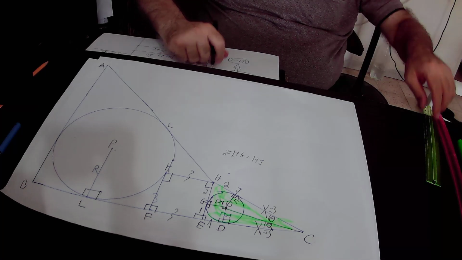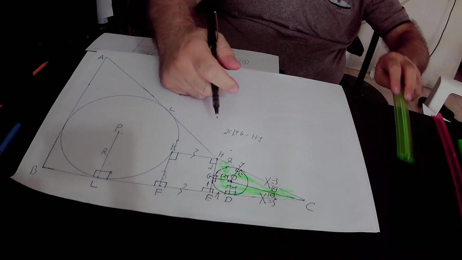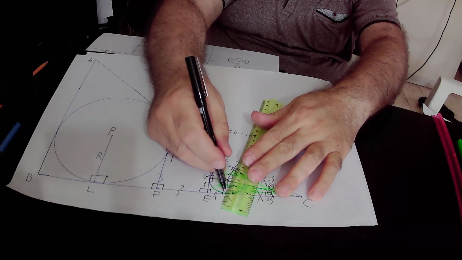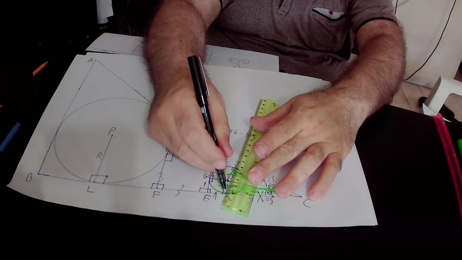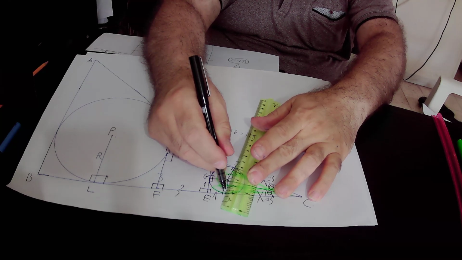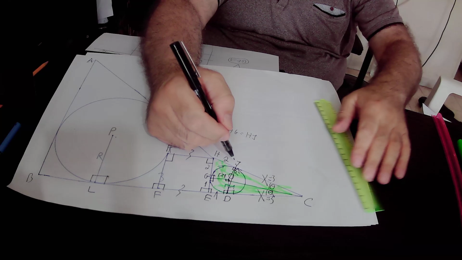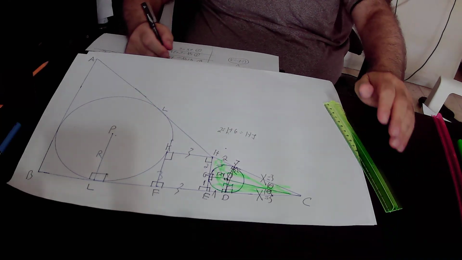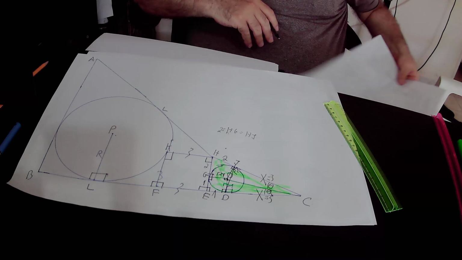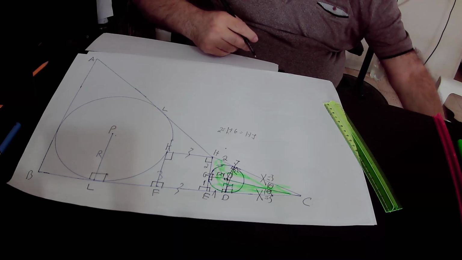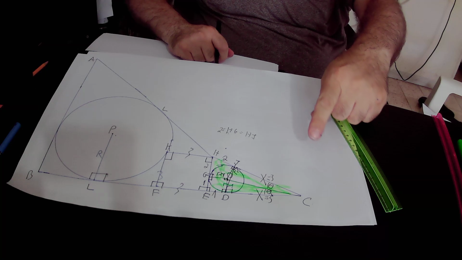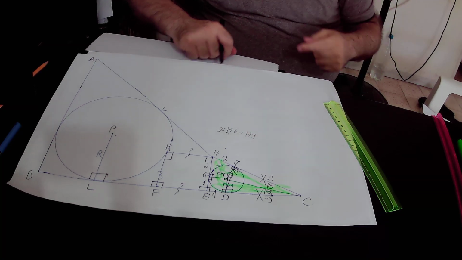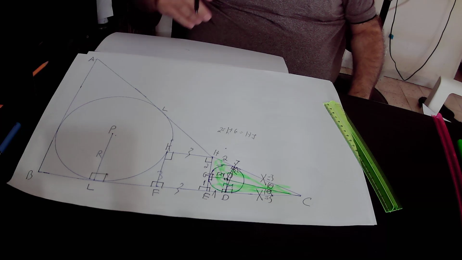In the next step, we'll join points J and D together by a straight line. Here we created triangle JDC. So, according to what we did until now, we can conclude that CO is the angle bisector of angle C. I'll write it down.